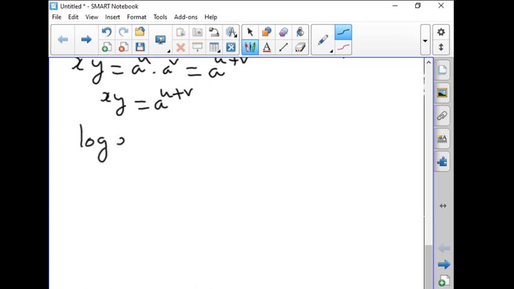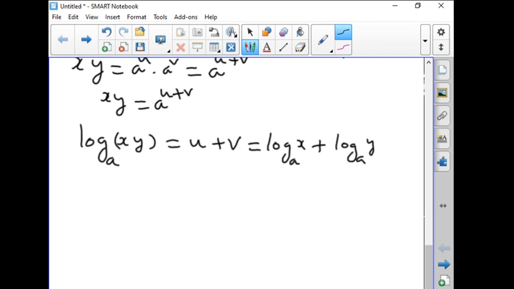Log xy to the base a is equal to u plus v. What is u? u we have taken as log x to the base a and v we have taken as log y to the base a.